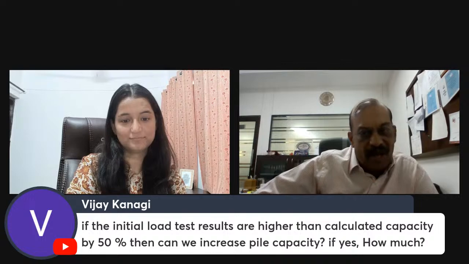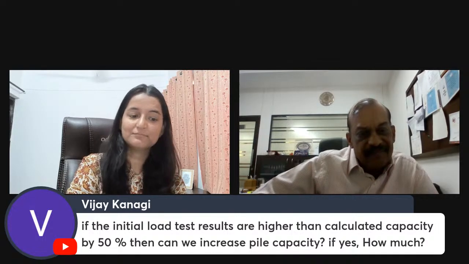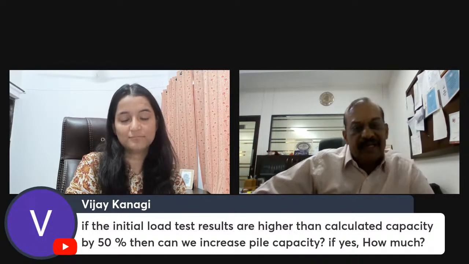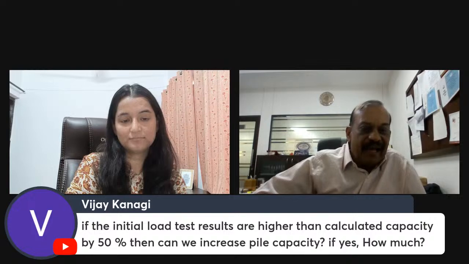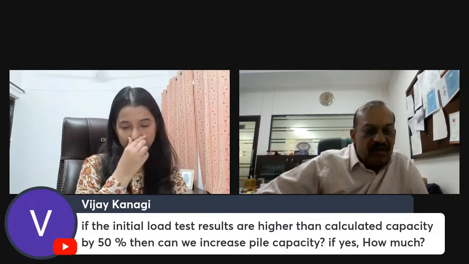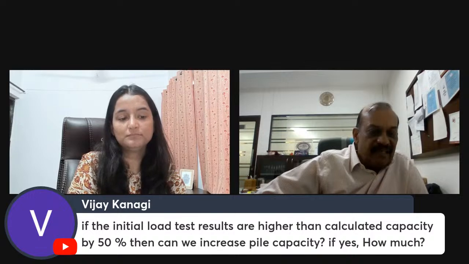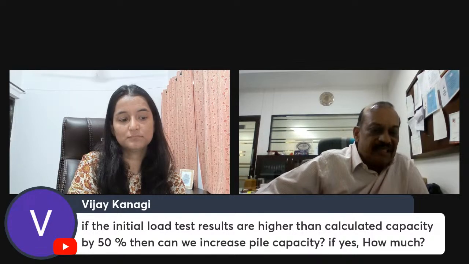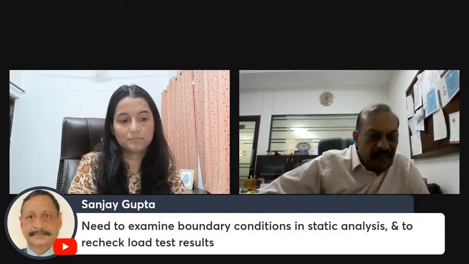Make sure that you have good capacity and good condition on all the piles. Very often the initial load tests give very good results because the supervision in the initial load test is very good, and once the routine load test comes, the supervision may be less rigorous, which is important.